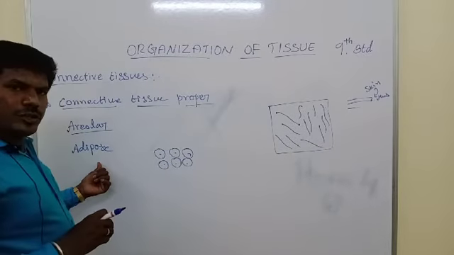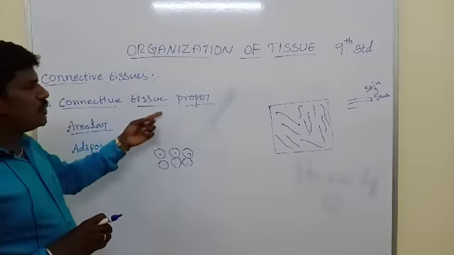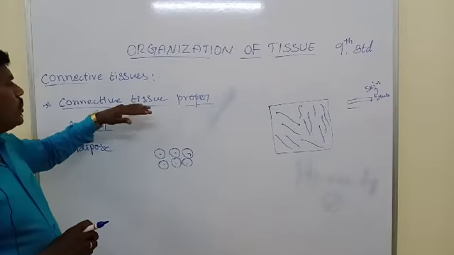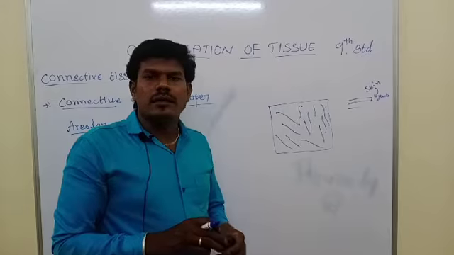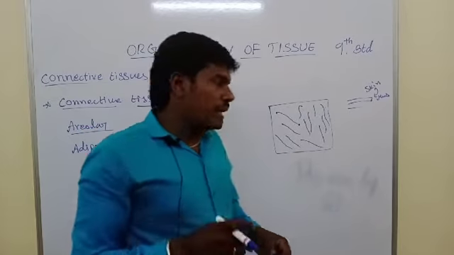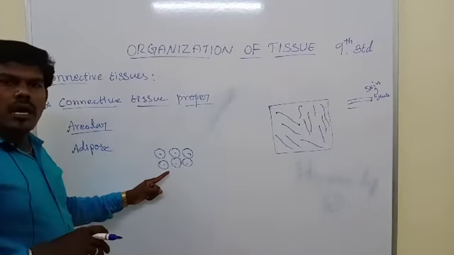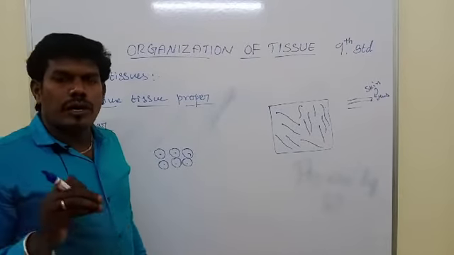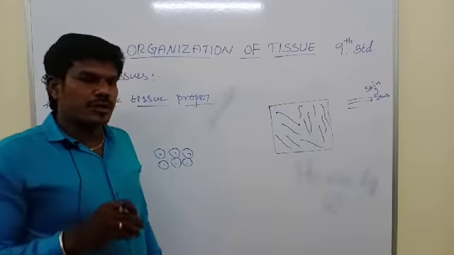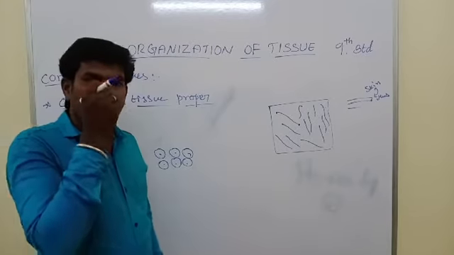This adipose tissue is one kind of connective tissue proper, and connective tissue proper is one kind of connective tissue. The cells are special or oval in shape. They are found in subcutaneous tissue.